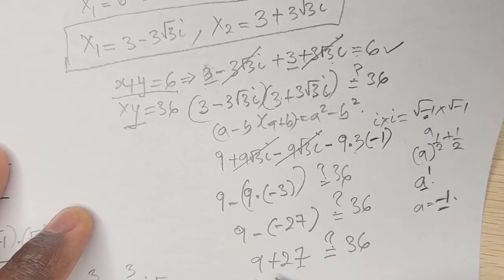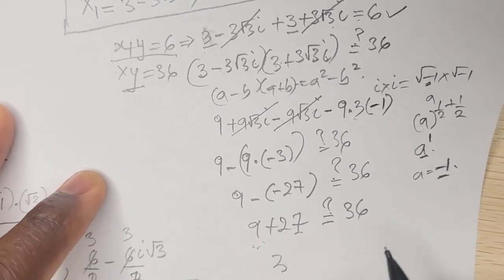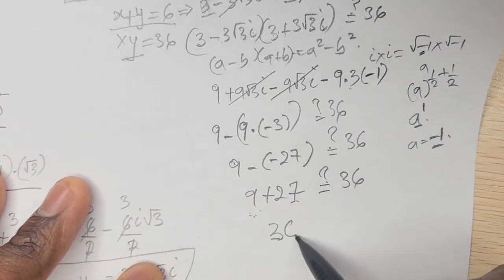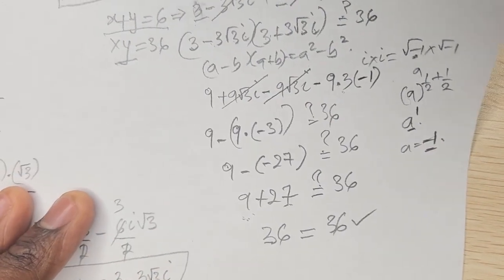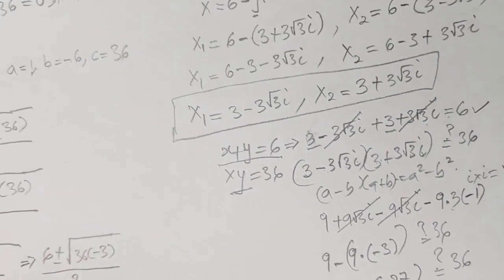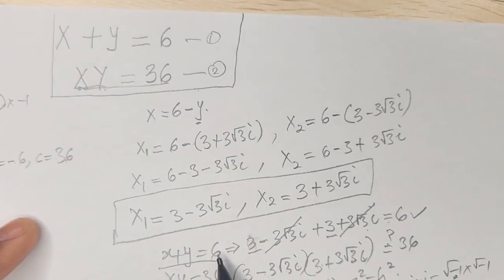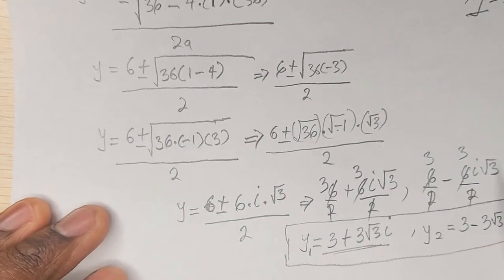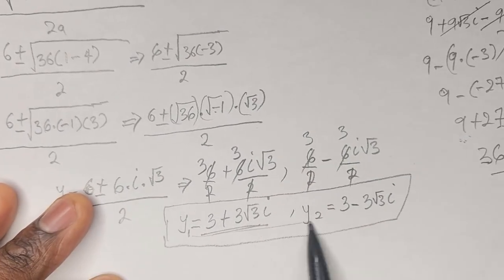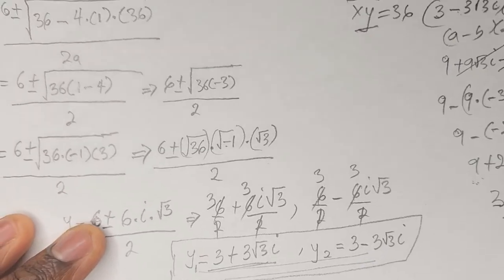If we add these two together, we get 36 equals 36. Correct. So we've been able to prove that our values of x and our values of y are both correct.